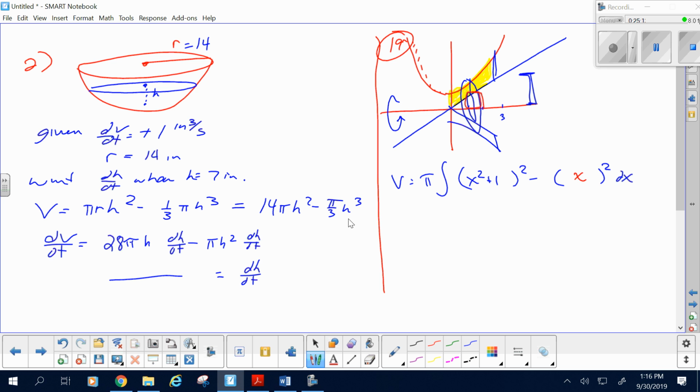And the limits of integration are from 0 to 3. I don't know if it says calculator or not calculator. Doesn't say. So either way, we're good. Okay. You with me on that? Does that get you started? Yeah. Cool.